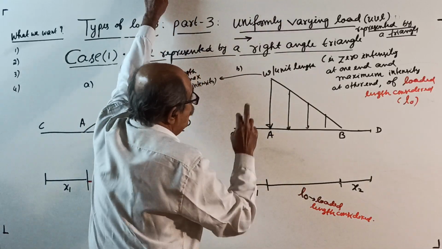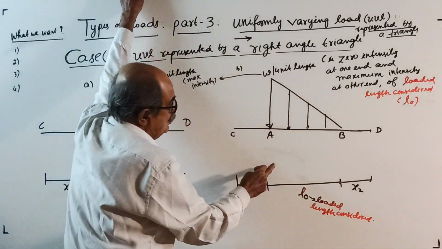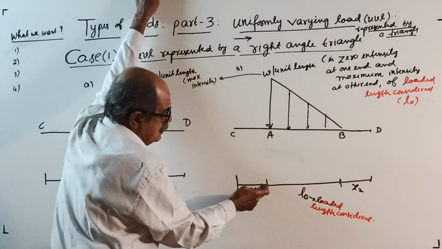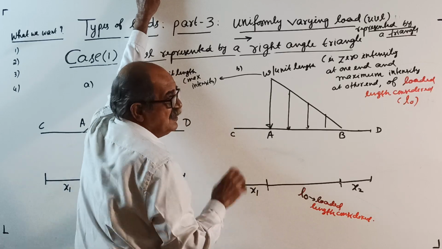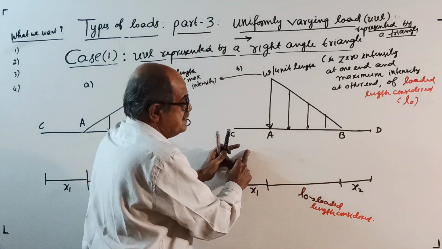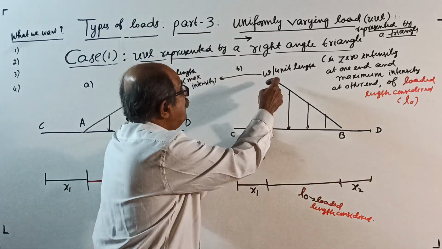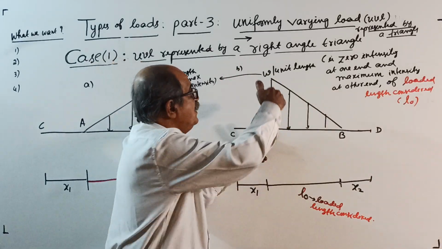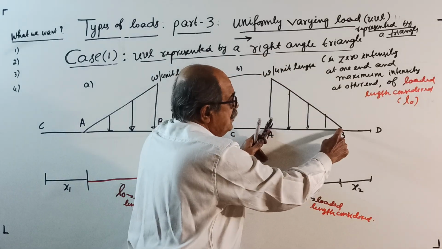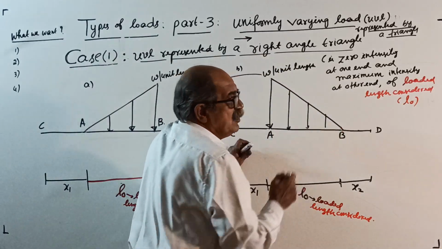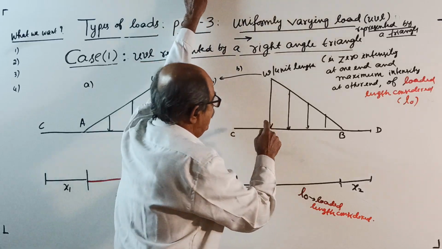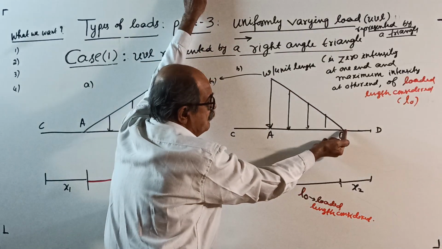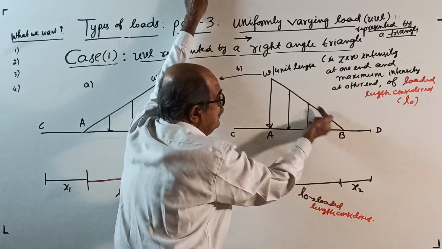For this case, once again the same statement: uniformly varying load represented by a right angle triangle where loaded length considered is L0, intensity as per the sketch is maximum of W per unit length at the left end, which linearly reduces to 0 at the right end; or from left end to right end intensity linearly decreases, or from right to left end intensity linearly increases.